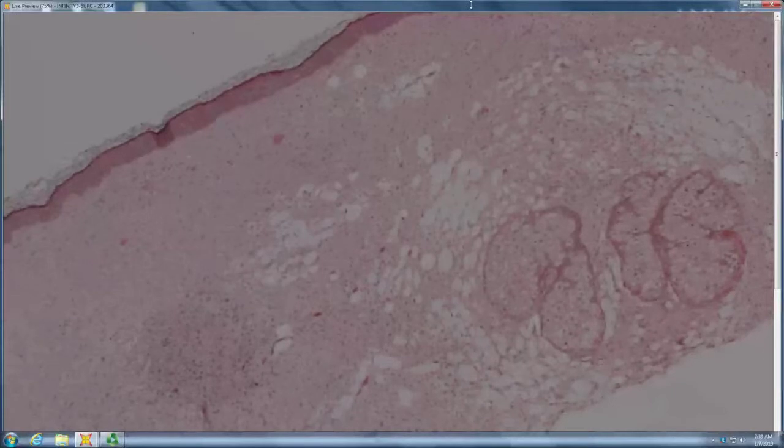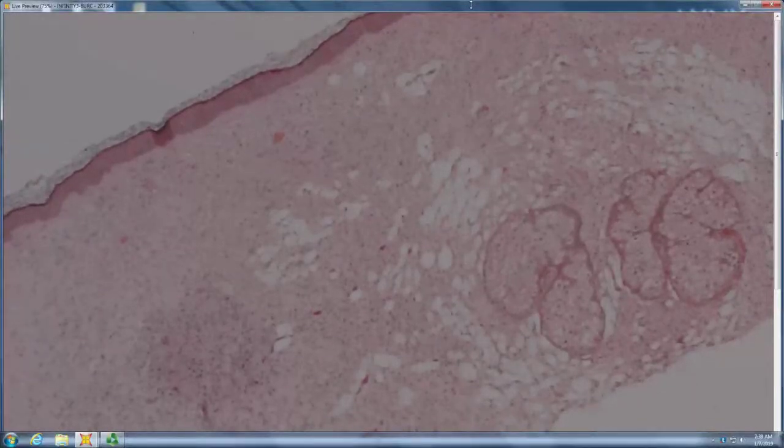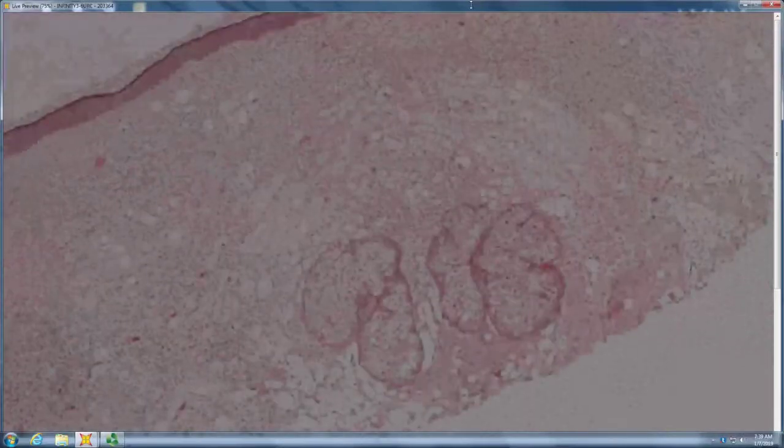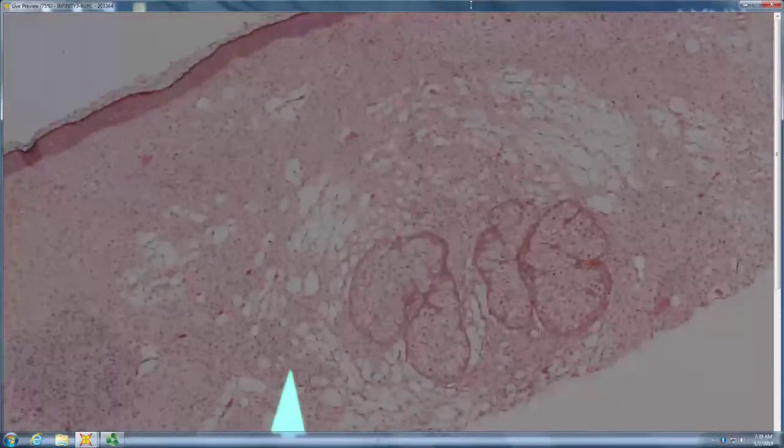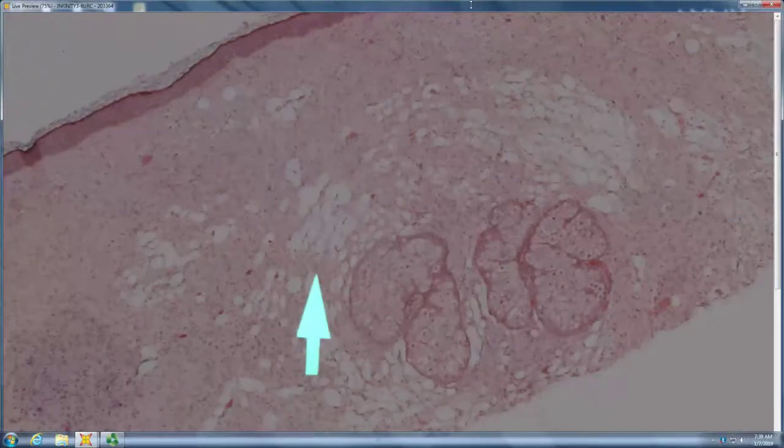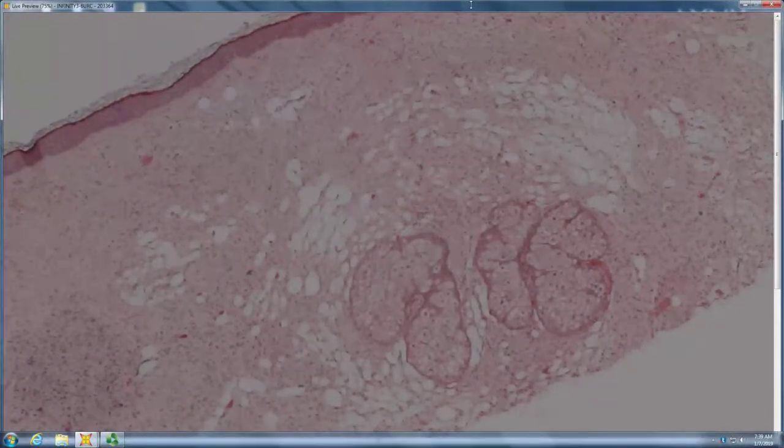So kind of like a diffuse proliferation, wavy spindle cells. Yep. Thinking probably a neurofibroma. Yeah. What are all of these things? Fat cells, just kind of degenerated.